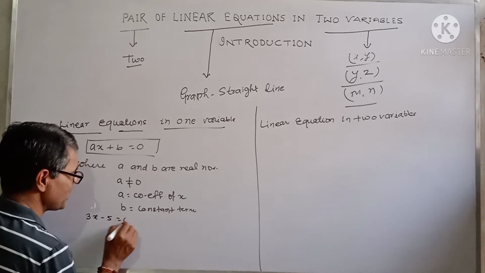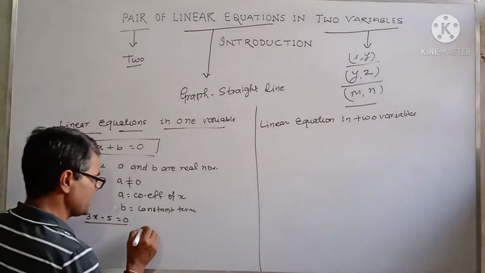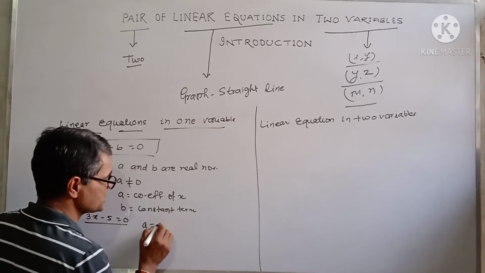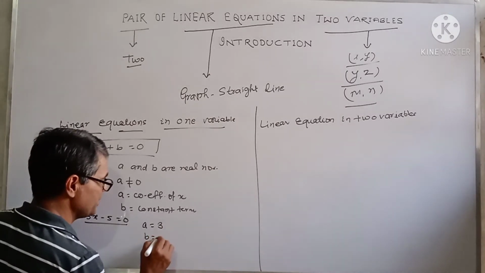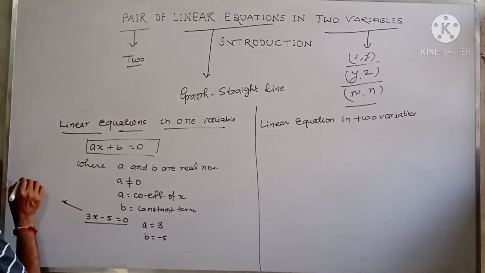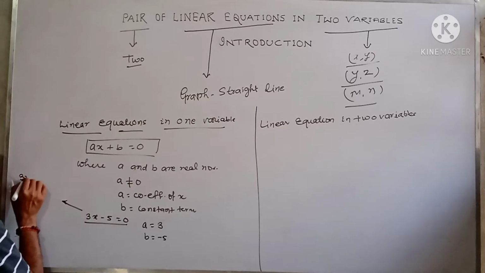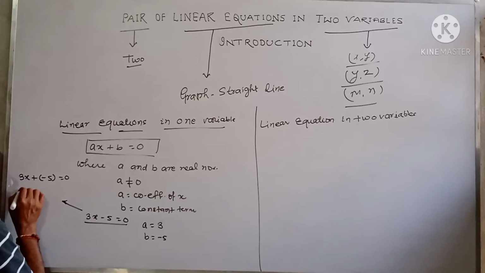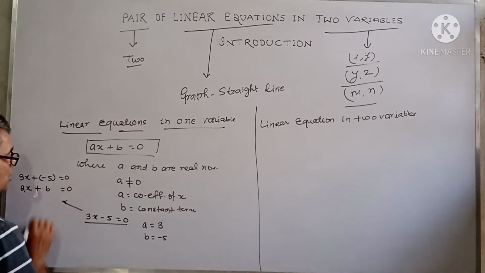3x minus 5 is equal to 0. In this equation, you see a is equal to 3 and b is equal to minus 5. Why minus 5? Because 3x minus 5 is equal to 0 can be written as 3x plus minus 5 is equal to 0, and now you will compare with ax plus b is equal to 0.